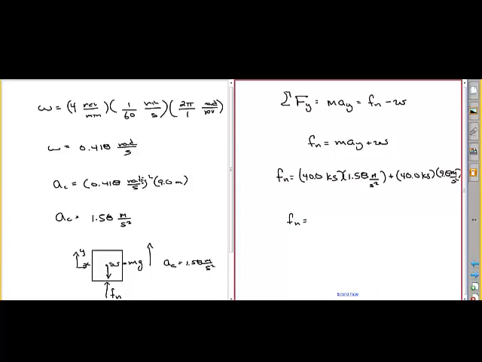And so what happens is when they're at the bottom, the seat pushes up to match the weight, but it also has to provide the centripetal acceleration. So you feel heavier at the bottom and lighter at the top. It's kind of like when you take a roller coaster. If you have a hump that's pointing up, then you feel less weight. If you have a hump that's pointing down, or a dip, then you feel more weight. You feel like you're heavier.